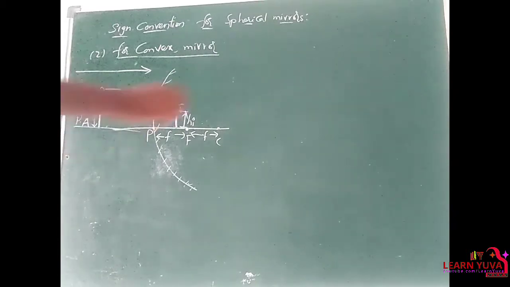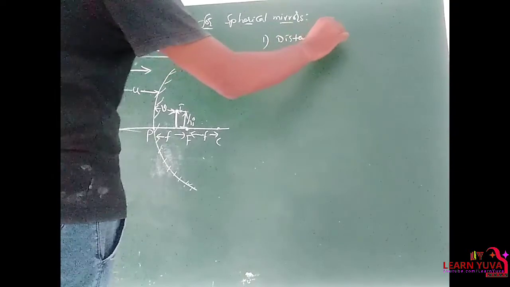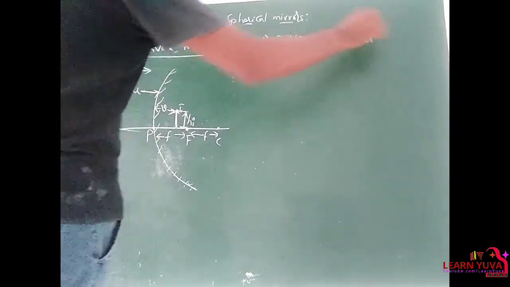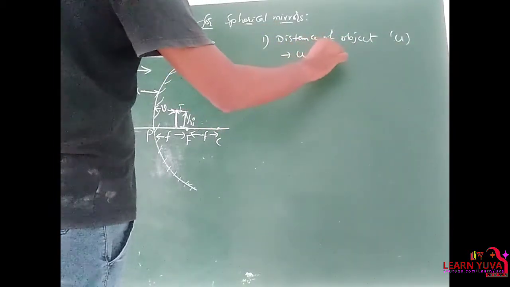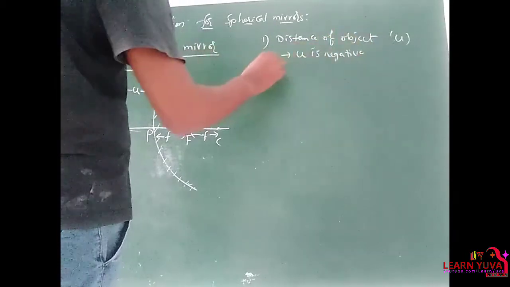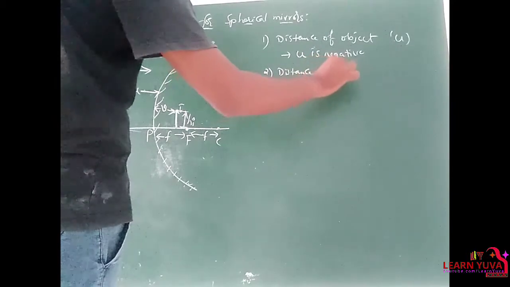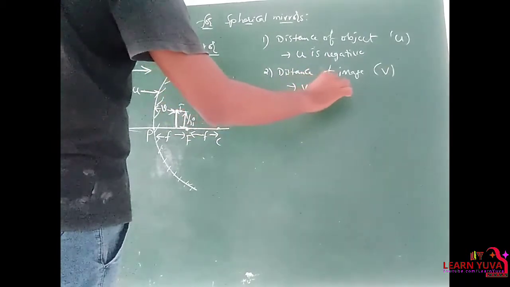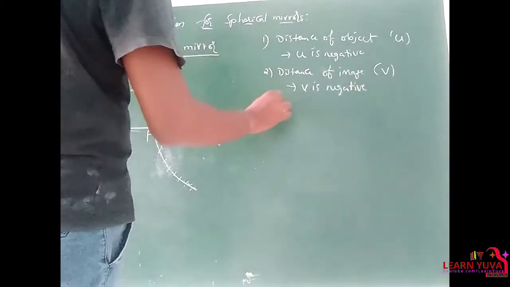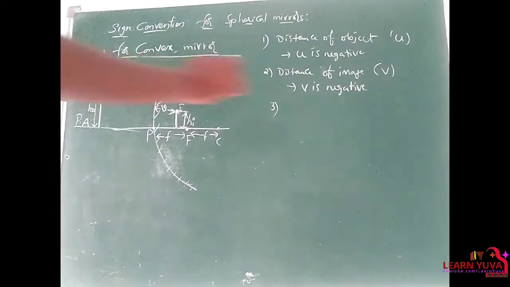So for this, the object distance is denoted by u. So u is negative. Distance of image v is positive, not negative.